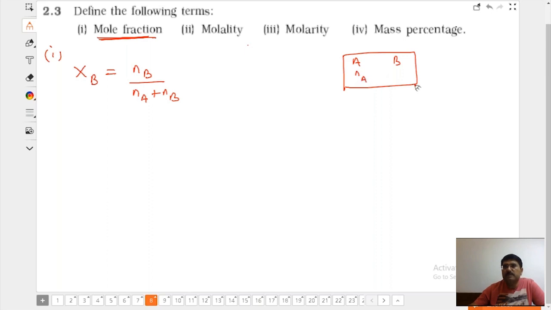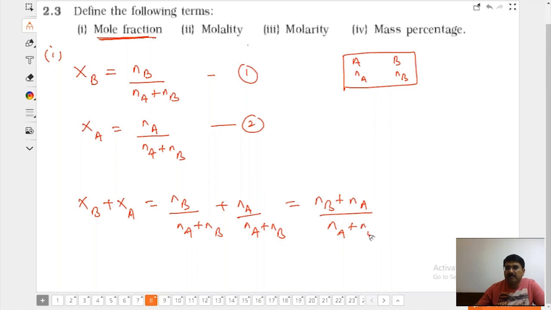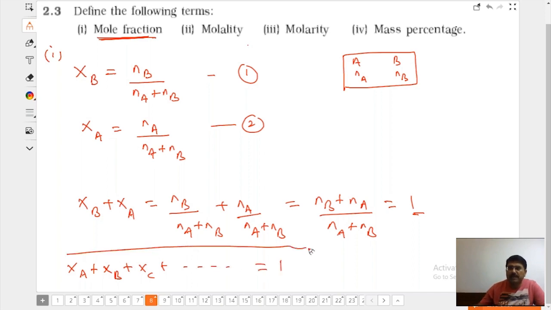Let its number of moles be Na and Nb. Then XA is Na divided by Na plus Nb. If we add equation 1 and equation 2, XA plus XB is always equal to 1. With more than two components, XC and so on, all sum to 1.